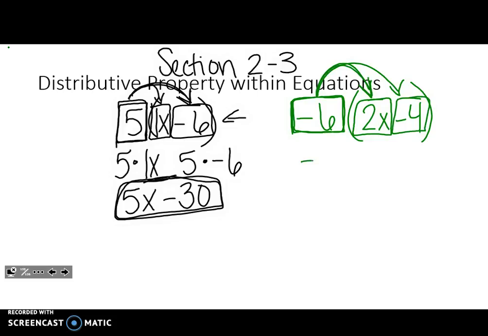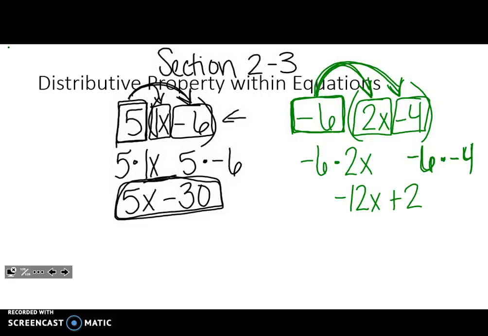So we take negative 6 times 2x, and we take negative 6 times a negative 4. So negative 6 times 2x is negative 12x, and negative 6 times negative 4 is positive 24. So this is that distributive property problem simplified.